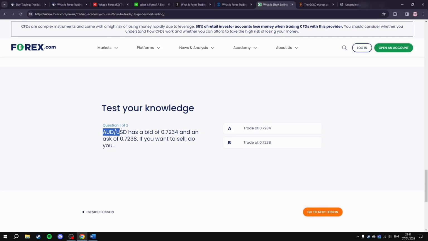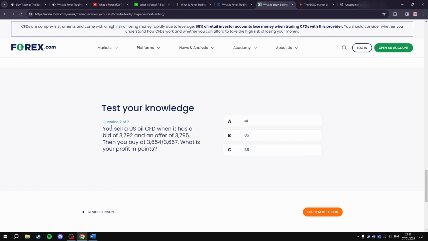Test your knowledge. AUD/USD has a bid of that and an ask of that. So ask is on the right side, so buy price of that and the sell price of that. If you want to sell, do you trade at that? You sell a US oil 50 when it has a bid of that and an offer of that.